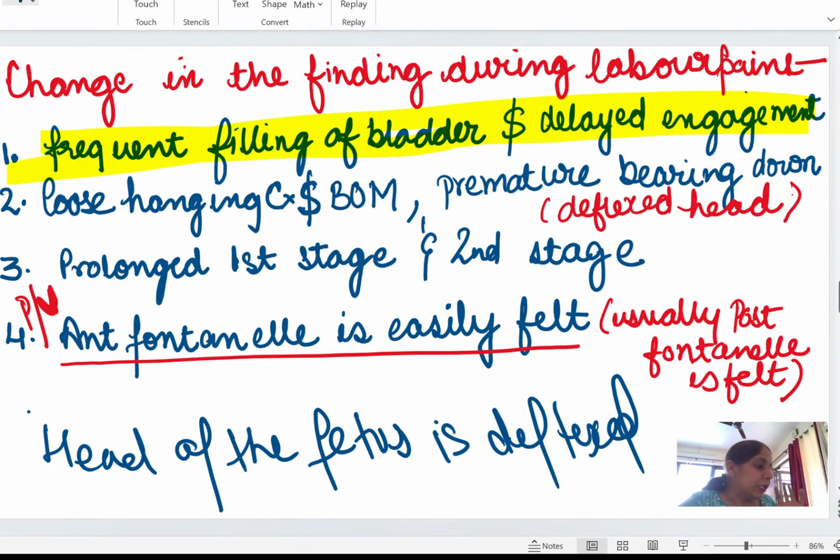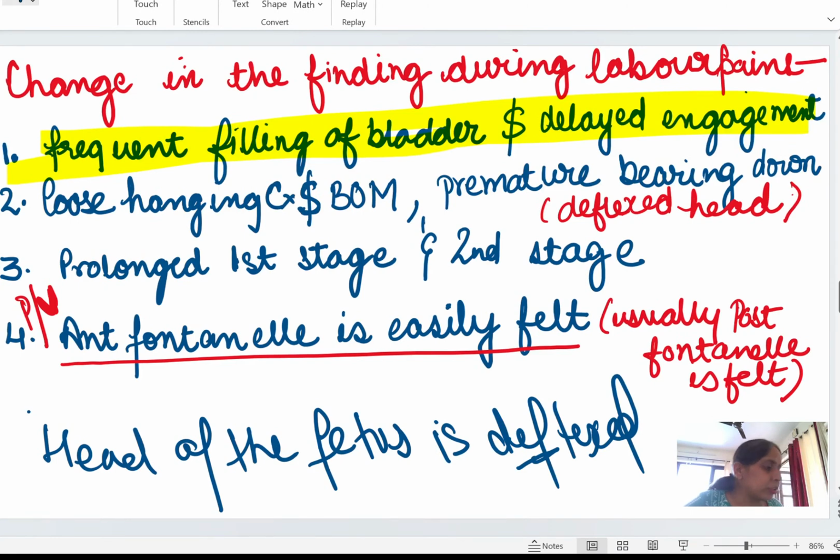In occipito-posterior, there is frequent filling of the bladder and delayed engagement because the head is deflexed.